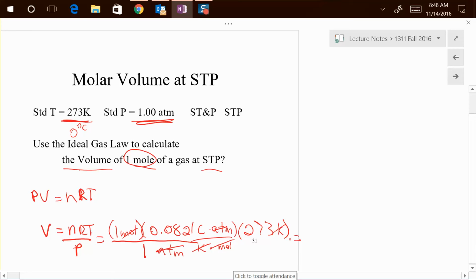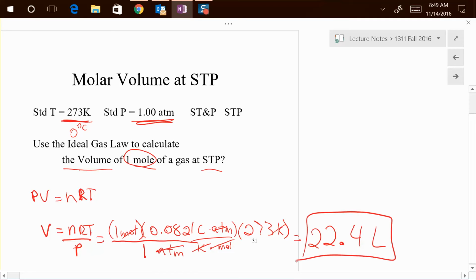Okay, this is a very important volume. Who can calculate it for me? What is it? 22.4 liters.